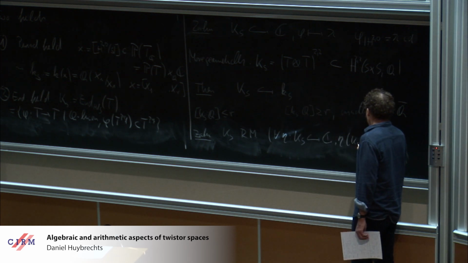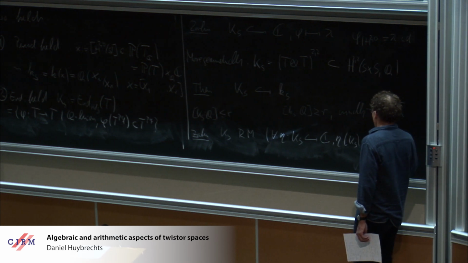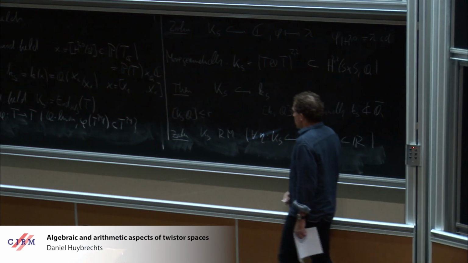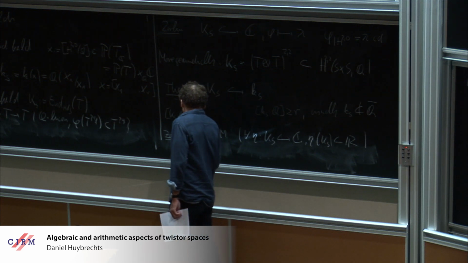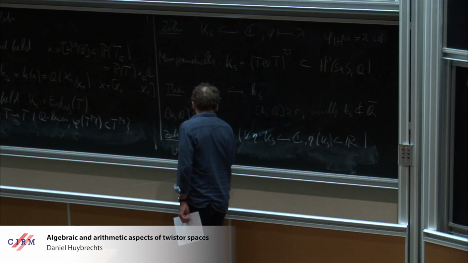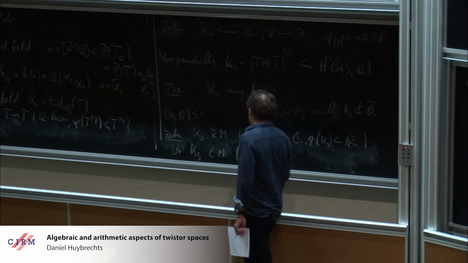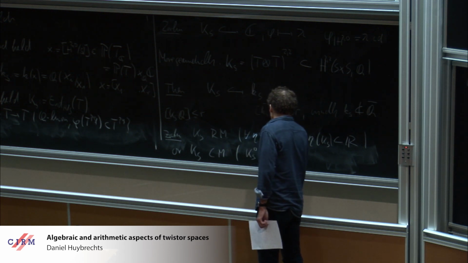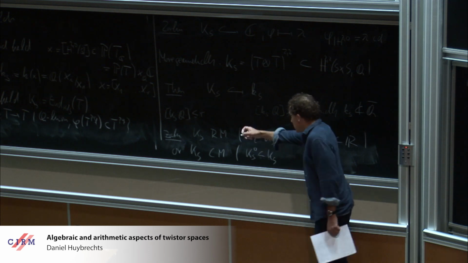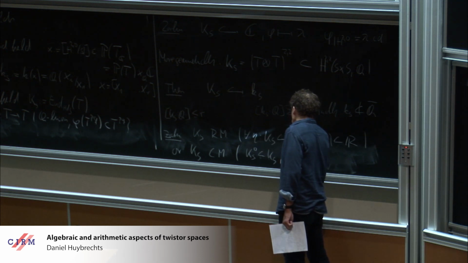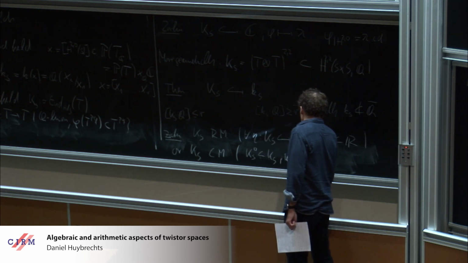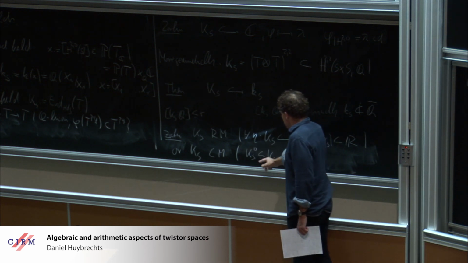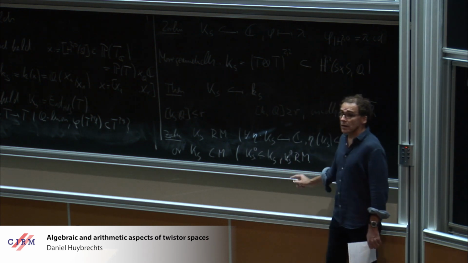Or it's a CM field, and this means it's an extension of degree 2 of a real multiplication field, so K_S0 is real multiplication, and the extension here is quadratic and purely imaginary.